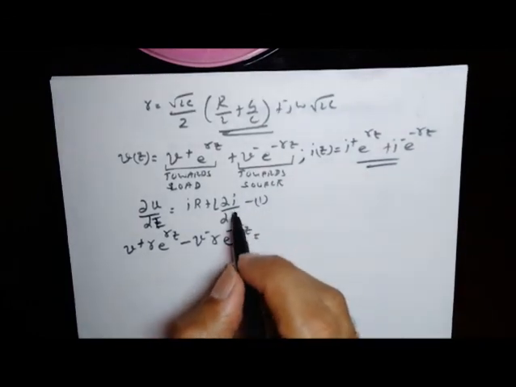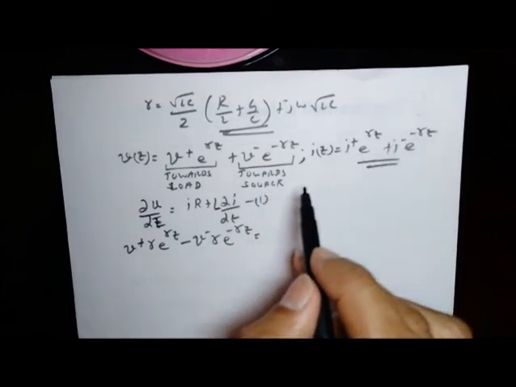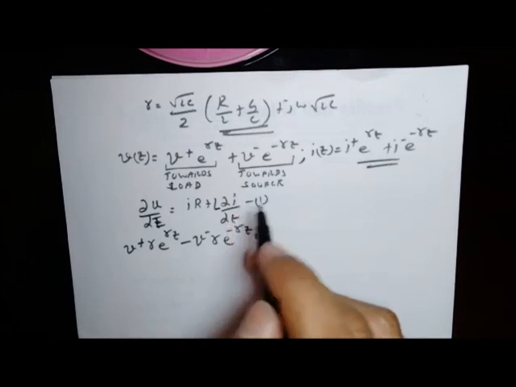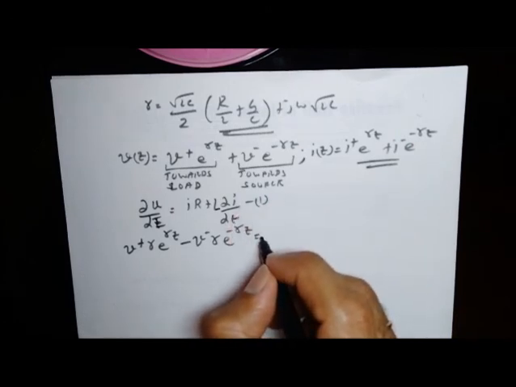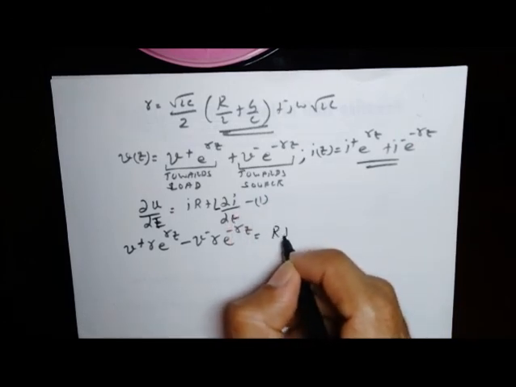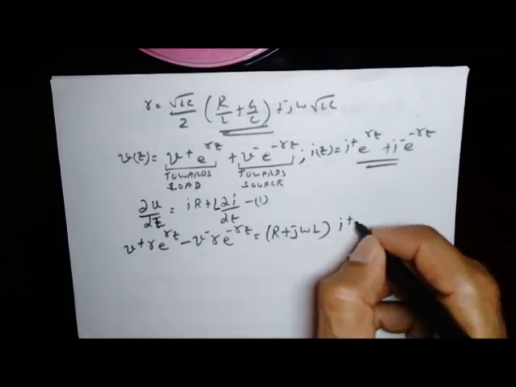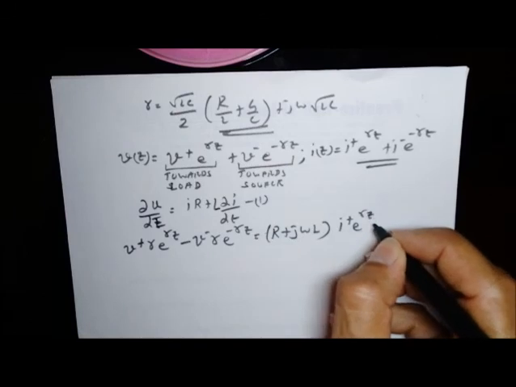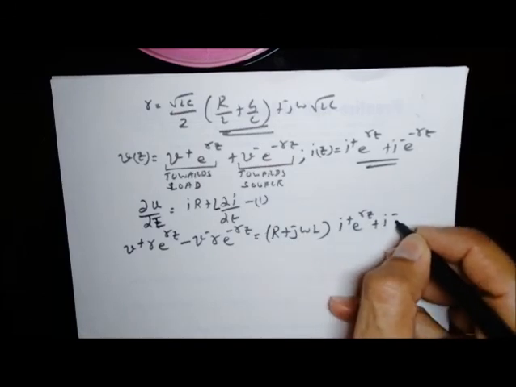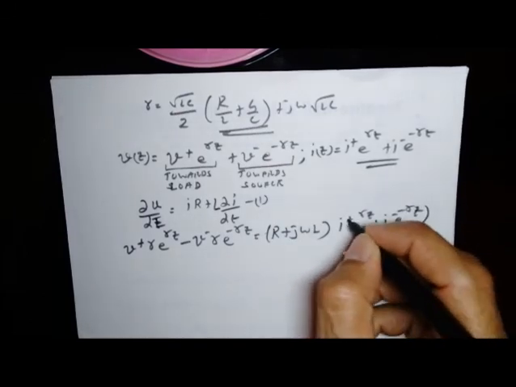When you introduce this sinusoidal time variation here, the result will be R plus j omega L times I plus e power gamma Z plus I minus e power minus gamma Z.